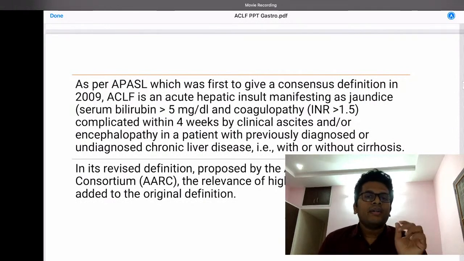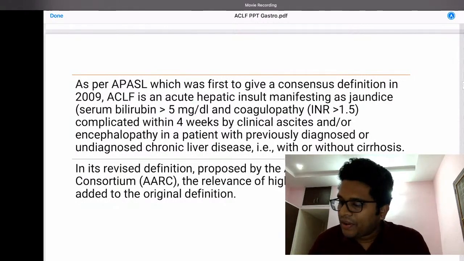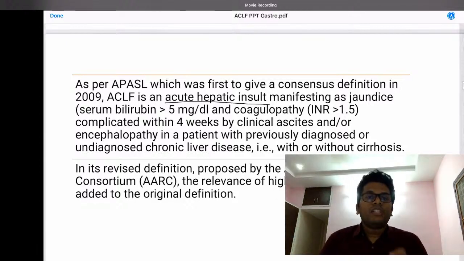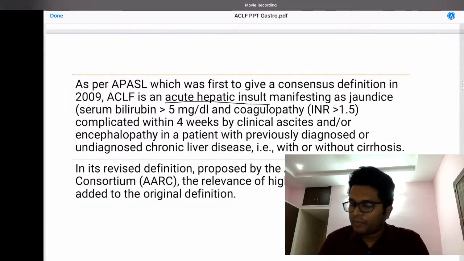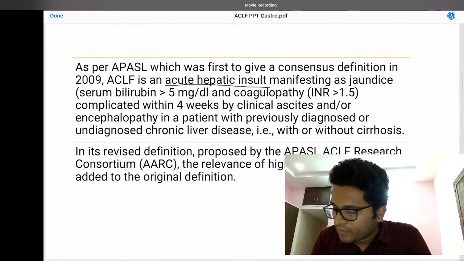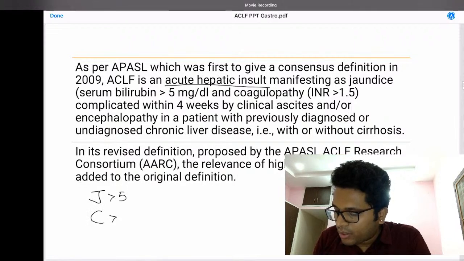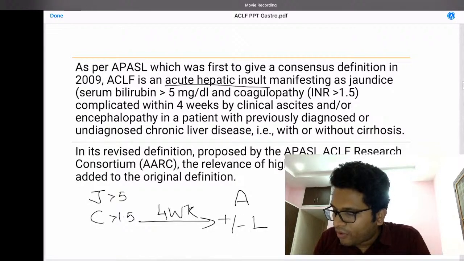According to APASL, ACLF is defined as an acute hepatic insult which manifests as jaundice, that is bilirubin more than 5, and coagulopathy, that is INR more than 1.5. That means they present with jaundice and coagulopathy, complicated within a span of 4 weeks by clinical ascites with or without encephalopathy.